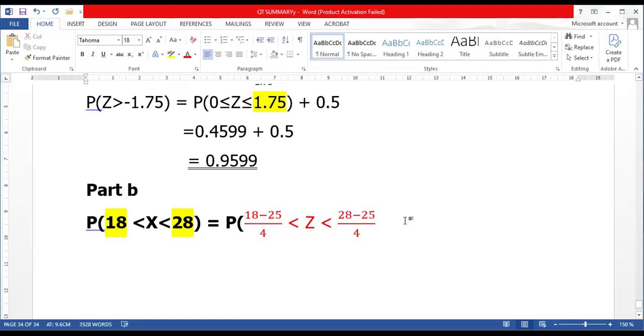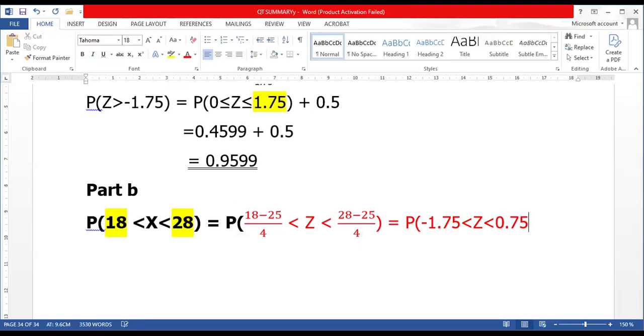So this will be equal to the probability of, when you put this on the calculator, negative 1.75, less than z, less than, on the calculator, what do you get? 0.75.